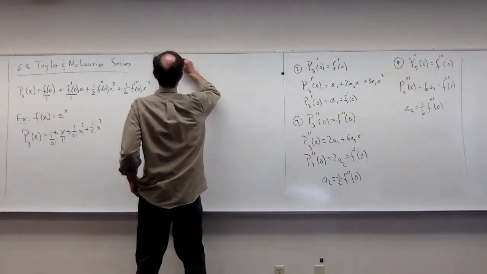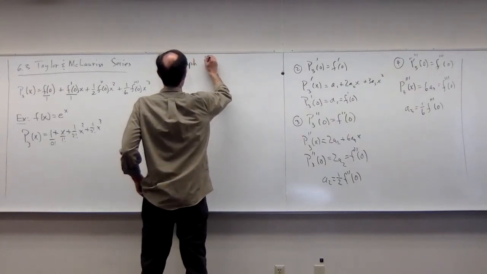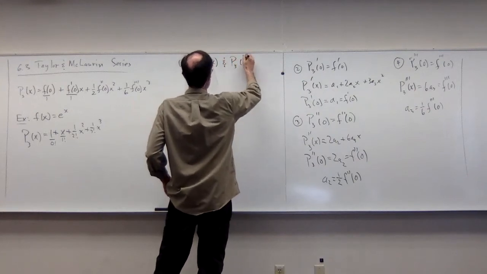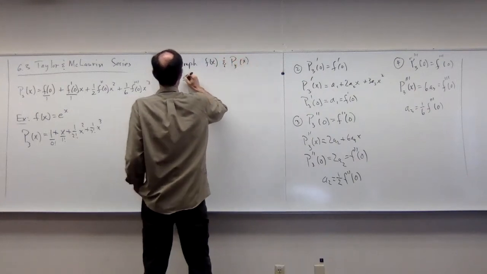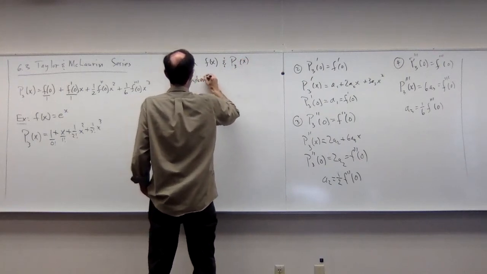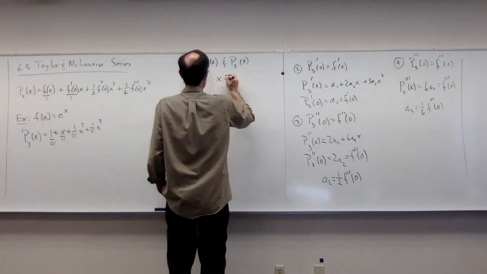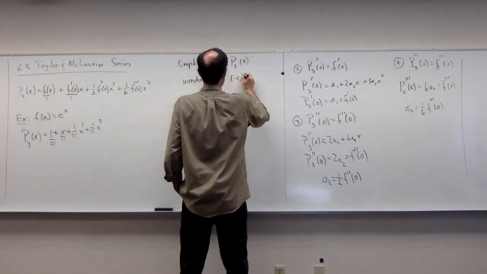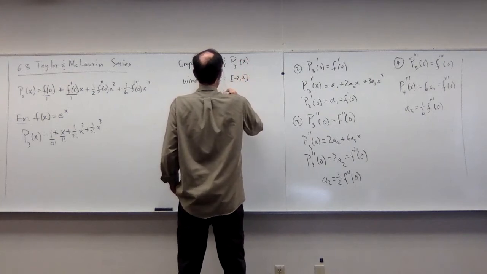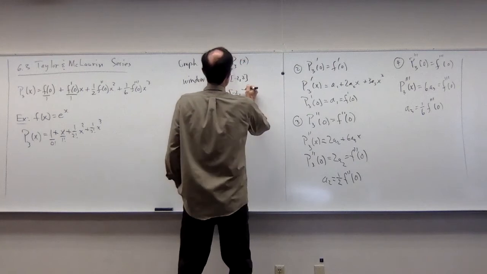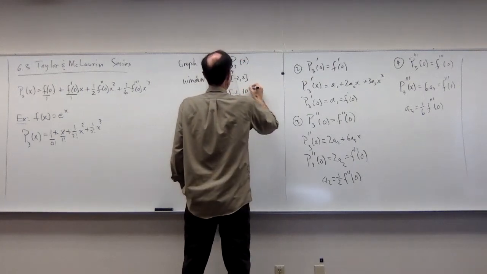So I want you to graph f of x and p of 3. And let's pick a good window here. I think we want our x values, we're attaching it at 0, so we need to go from, let's try -2 to 2. And the y values, like maybe -2 to e squared, let's go to 10, maybe something like that.